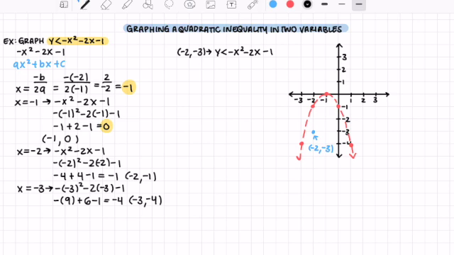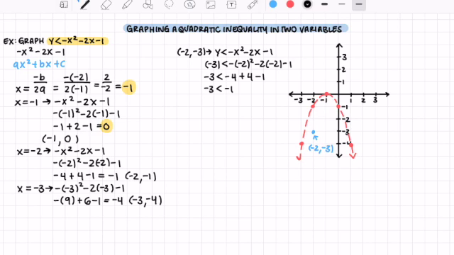When I plug that in, I get negative 3 less than negative 2 squared minus 2 times negative 2 minus 1. This becomes negative 3 less than negative 4 plus 4 minus 1, and we're left with negative 3 being less than negative 1.